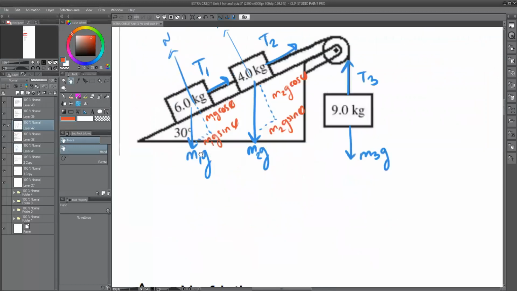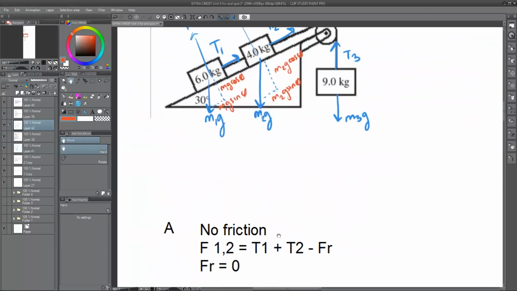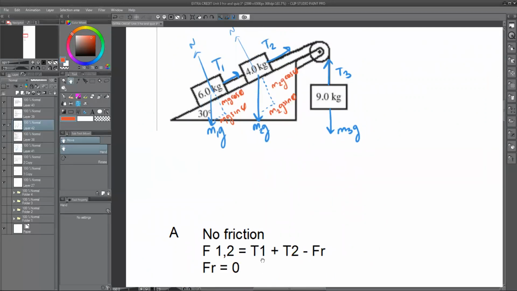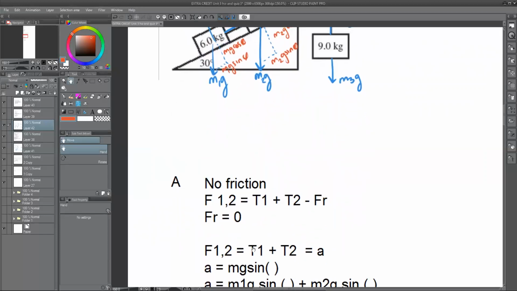So to solve this, I understand that there is no friction. So the force of the system of the first two blocks is equal to the tension of the first block plus the tension of the second block minus the friction. And we know that the friction is 0. So the force of the system is tension 1 plus tension 2.